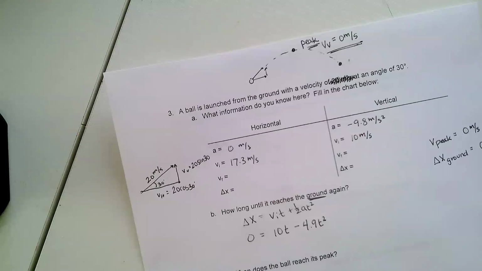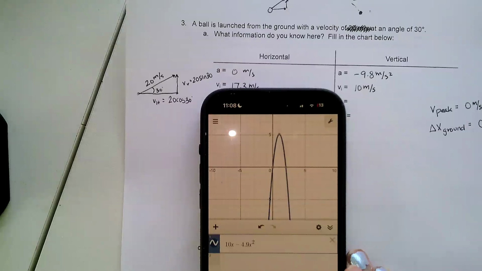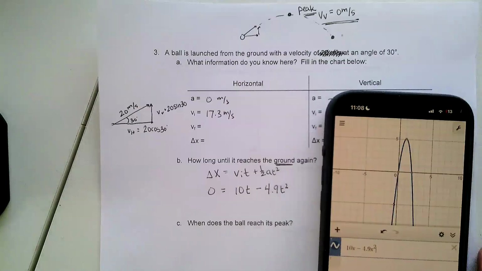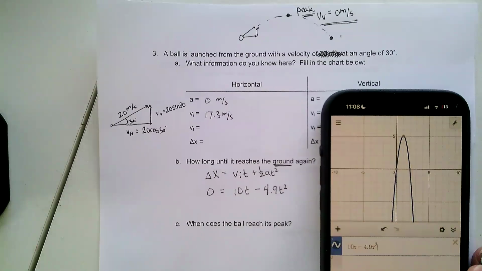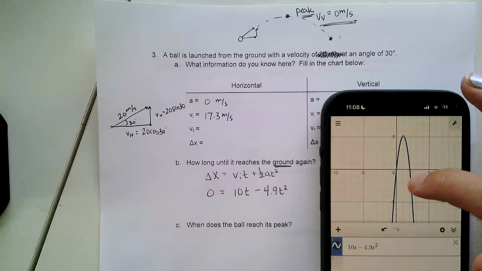I'm going to go ahead and enter it in Desmos, which is by far my preferred technique. So if you look here, I put in 10t minus 4.9t squared. And then I can look up here and ask, where is it equal to 0? Well, that's when is it on the x-axis?